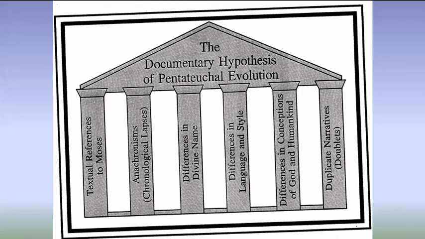The third criticism: different names for God. Elohim, which critical scholars refer to as the E source; Yahweh, the J source; and El Shaddai, the priestly source, or the P source. However, scholars will argue against this, that those differences in the names of God refer to the same God, but with a different meaning or emphasis.